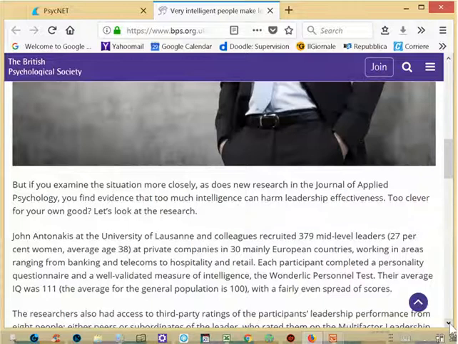Too clever for your own good? Let's look at the research. This is a very engaging first paragraph. And we can stop here. You can read this press release by yourself and appreciate the good style of the BPS.